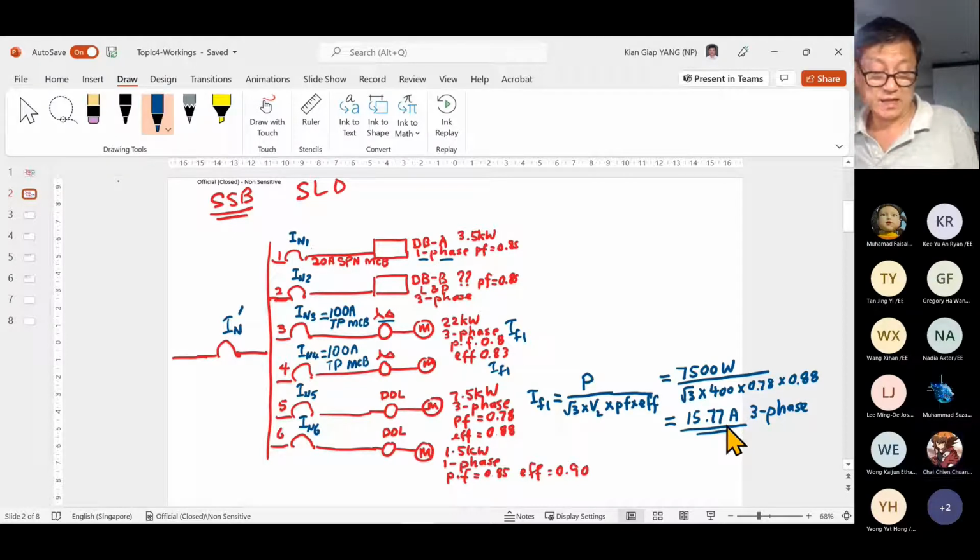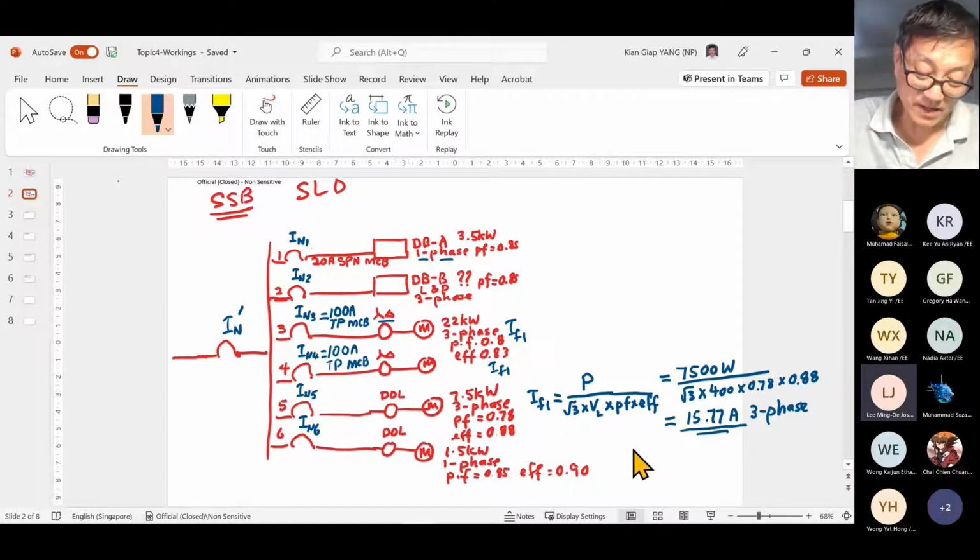Okay, Josh, what is next? After I do the first step already. Of course, you're supposed to find the answer for IN5. What's the next step? Something equals 2 times IFL, is it?